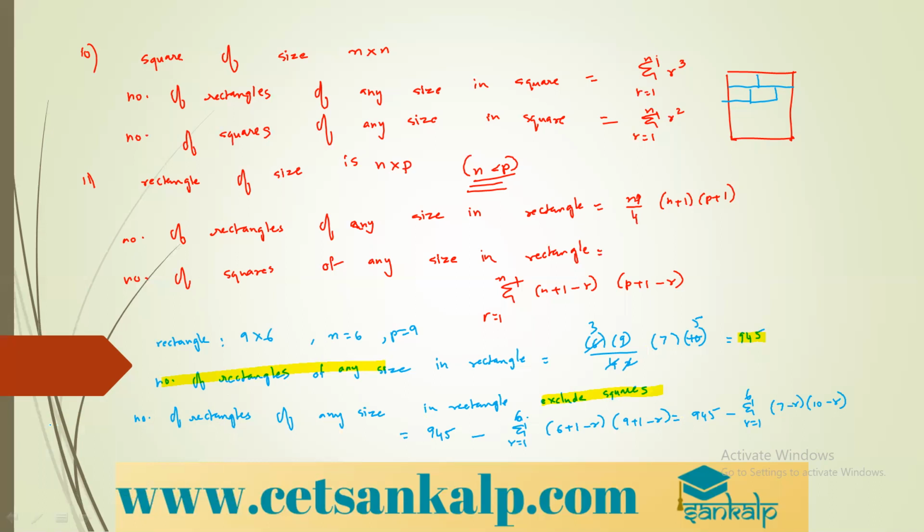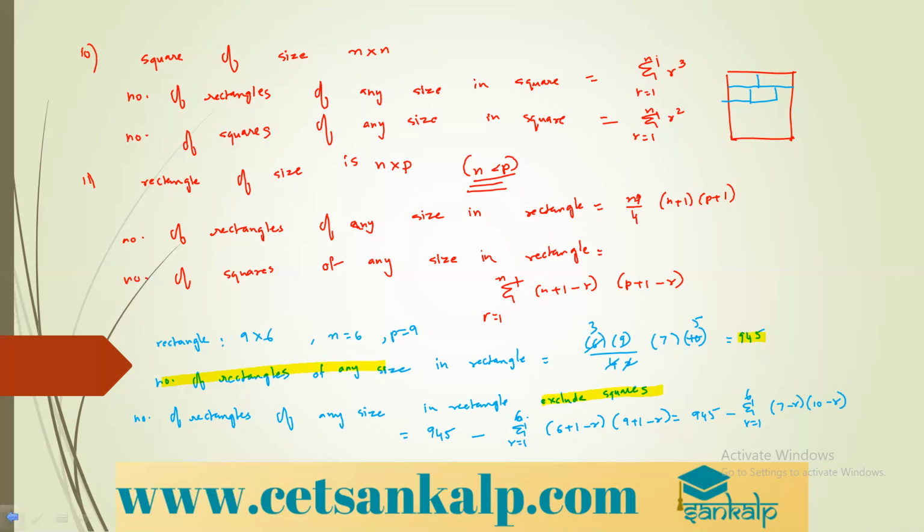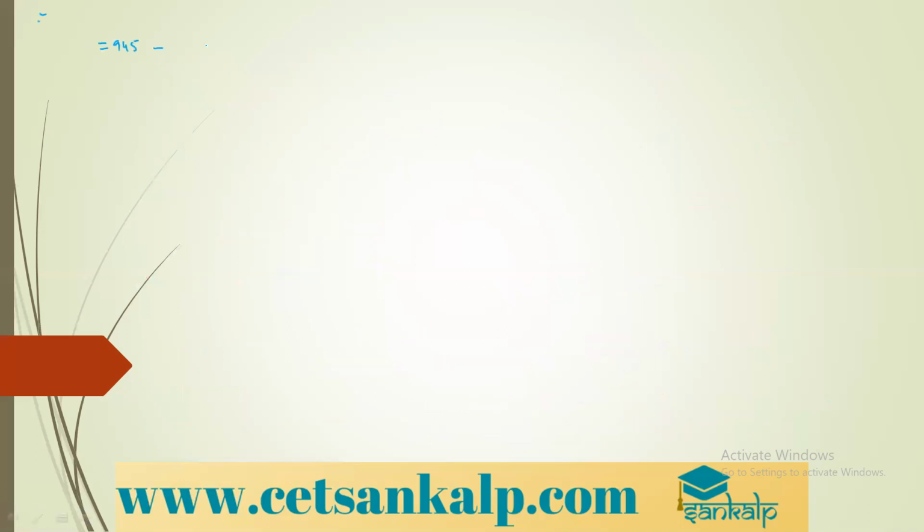Now, how to add this? There is a different method and a long method. I will do it on the next page. So what you have is 945 minus, I will go back and see, 945 minus sigma r equal to 1 to 6, sigma r equal to 1 to 6, where we left the last step.